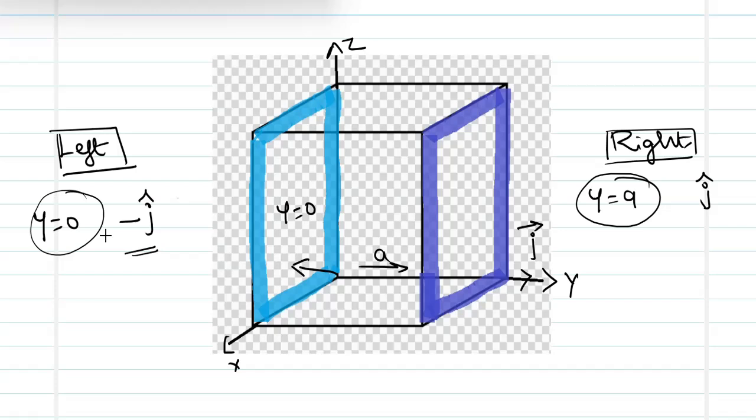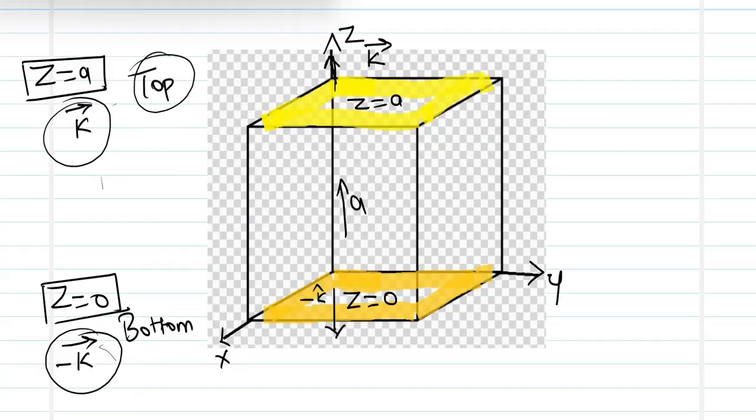The left one with y equal to 0 having unit vector minus j cap, and the right one having y equal to a with unit vector j cap. And the last one is going to be your top and the bottom faces, with z equal to a on top with k vector as the unit outward drawn normal, and the bottom face with z equal to 0 with unit outward drawn normal equal to minus k. Now these 6 faces entirely define your cube.